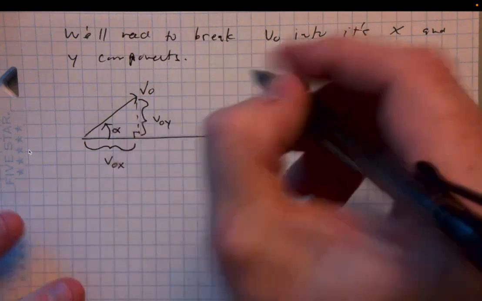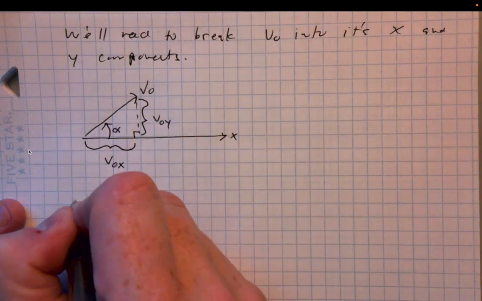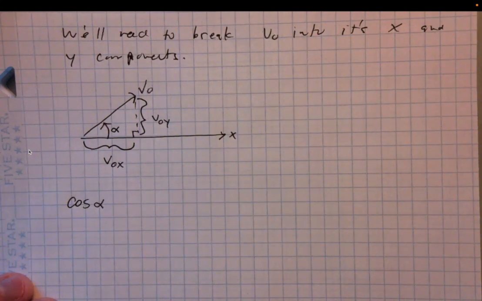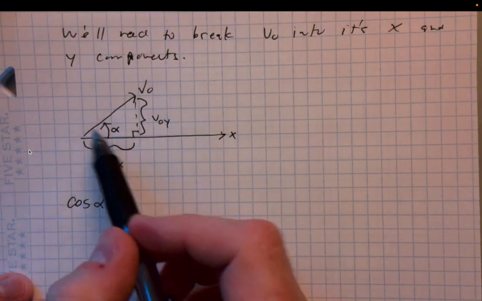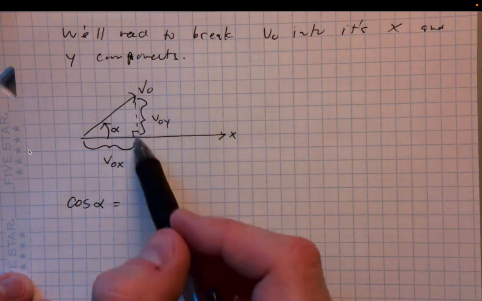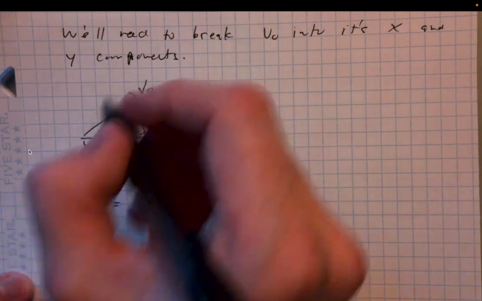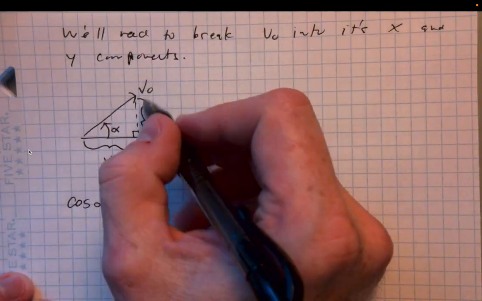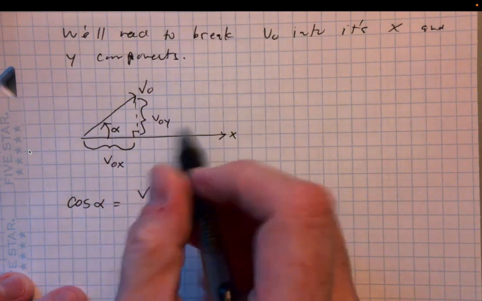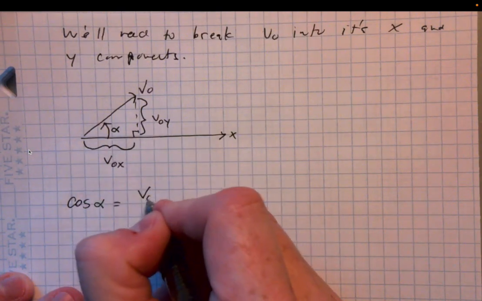And so we know that the cosine of alpha is equal to the adjacent over the hypotenuse. The hypotenuse is v naught, and the adjacent side is v naught x.